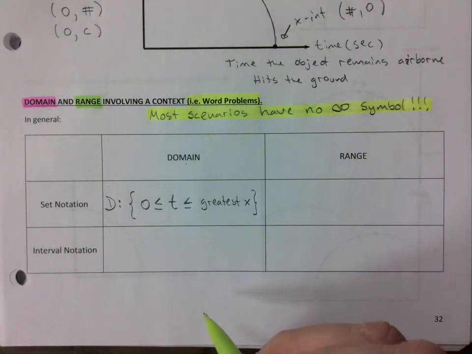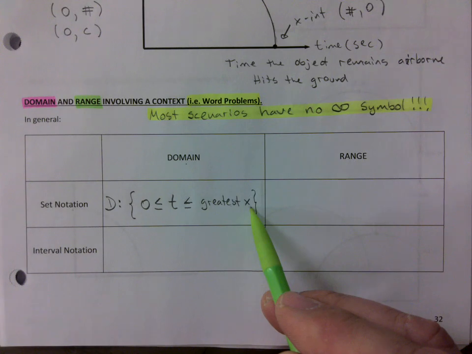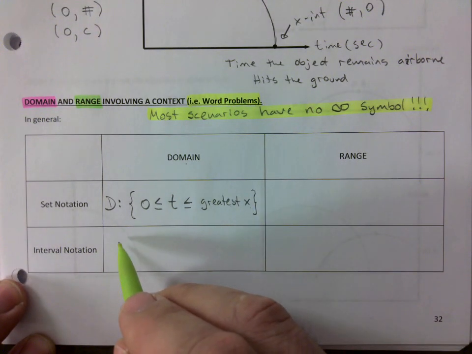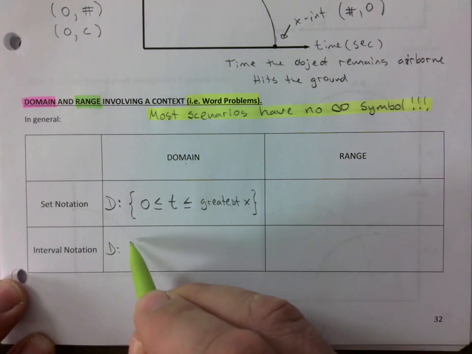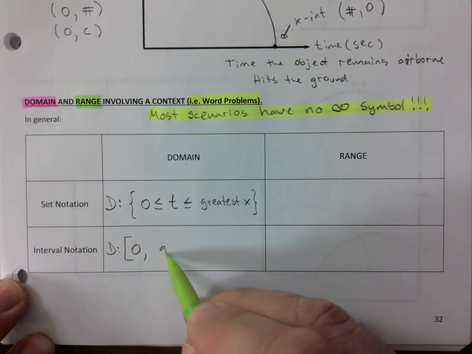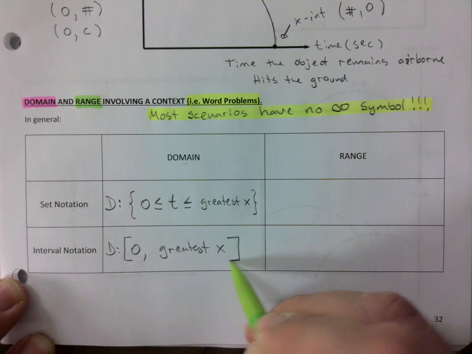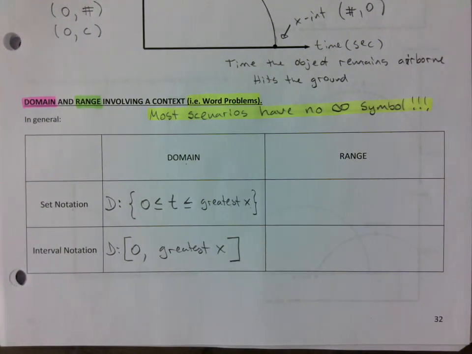So I'm not going to say x-intercept here anymore. It's just the greatest x value in this story. Okay? Interval notation, you usually go from 0 to greatest x value present. And notice that there are square brackets on both ends. So both of them are going to be numbers that are included in our domain.